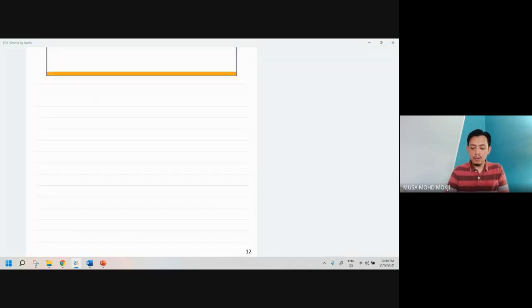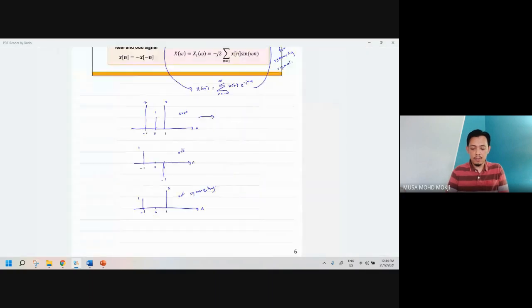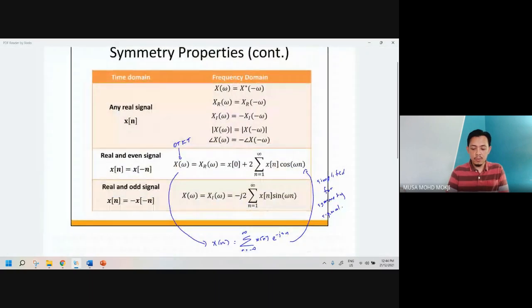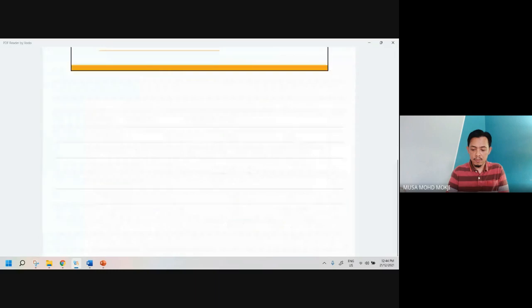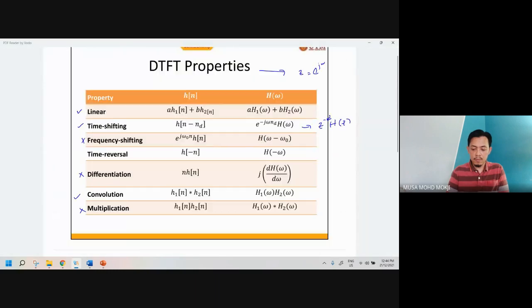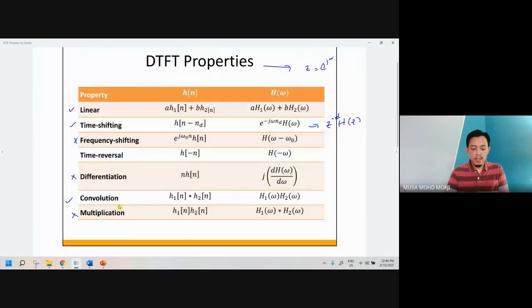This is from these properties, very, very important properties: convolution in time domain becomes a multiplication in frequency domain.